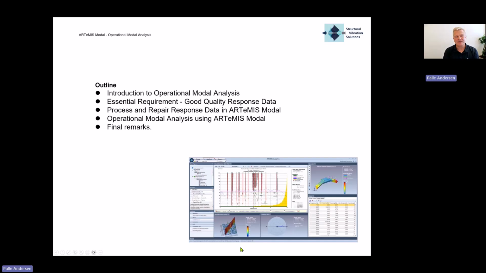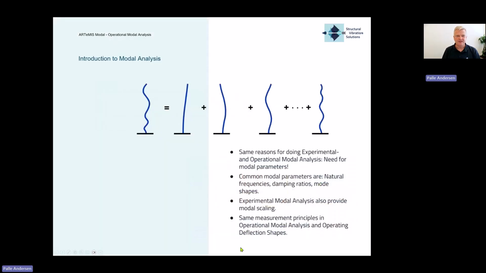After that, I will go through some of the things we can do in the software to process the data, but also repair any damage that this data may have before analysis. And finally, we'll look at some of the operational modal analysis algorithms in the software. So this is the idea of this talk.